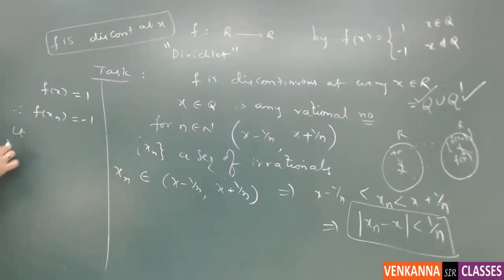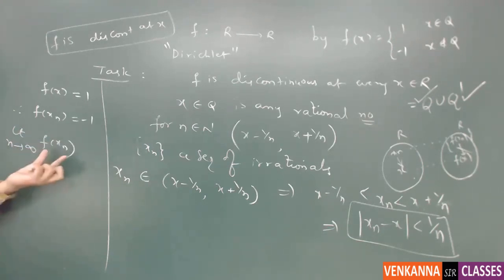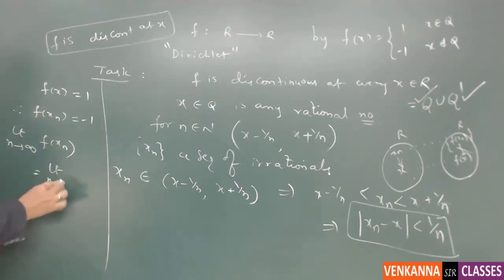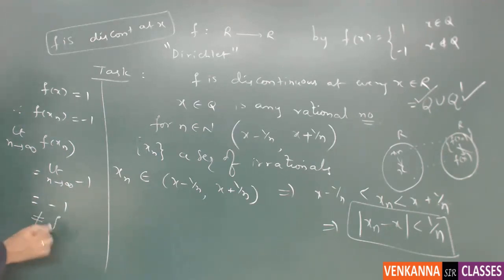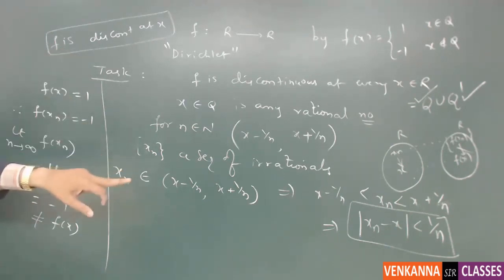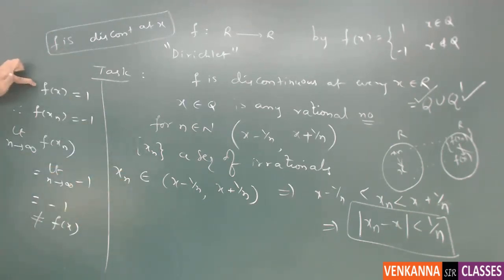So if you consider limit n tends to infinity f of xn, in other words, you are checking whether the image sequence has a limit or not. If it exists, is it equal to f of x or not, you are considering here. So this is equal to limit n tends to infinity of minus 1, value is minus 1. So it is not equal to f of x because whose value is 1. So the domain sequence is converging to x, but the image sequence is not converging to f of x. Therefore, as per the sequence criteria, f is discontinuous at x.